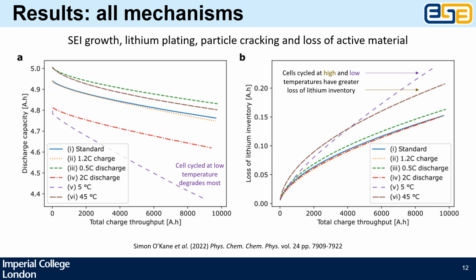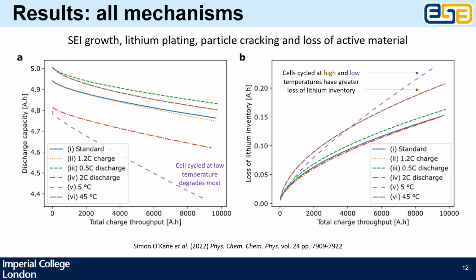And what you see is that extreme temperatures seem to be worse than high currents. For low temperature, the loss of lithium inventory is high because of lithium plating. For high temperature, it's high because of SEI, and we've assumed the SEI to have an Arrhenius dependence on temperature.